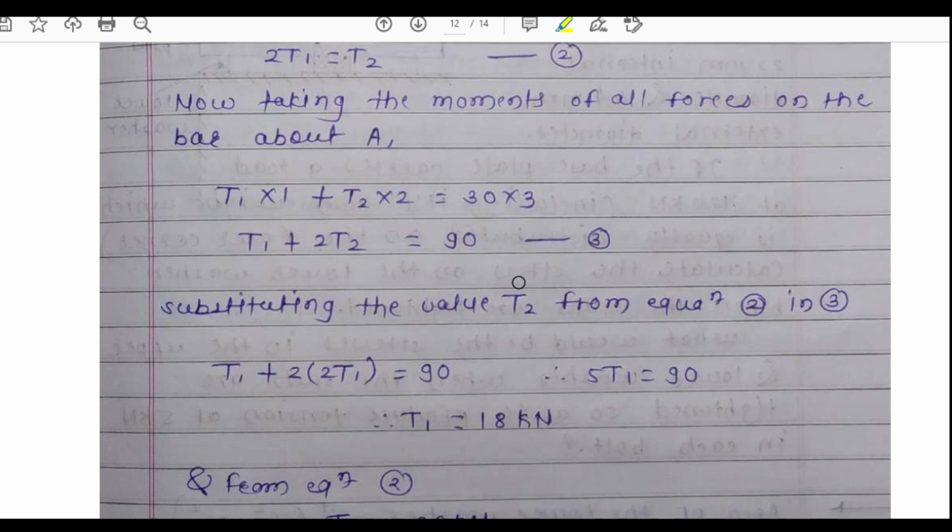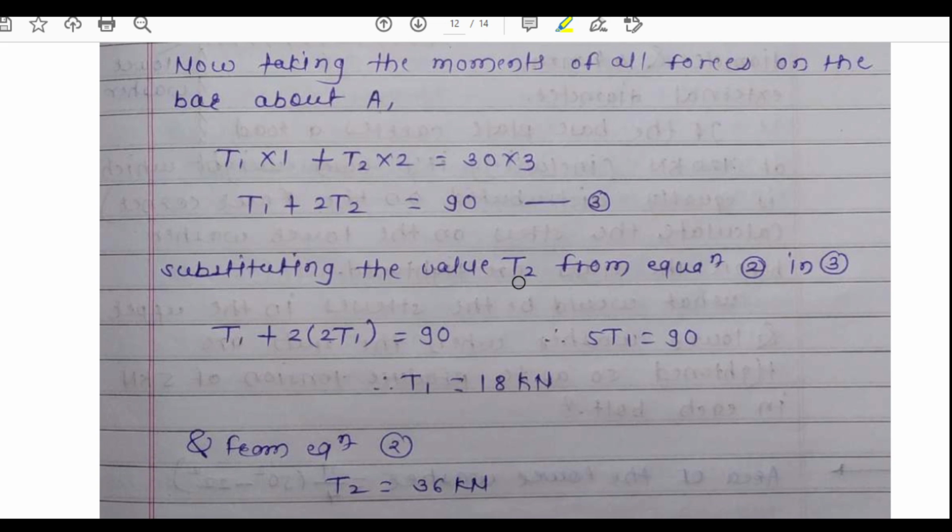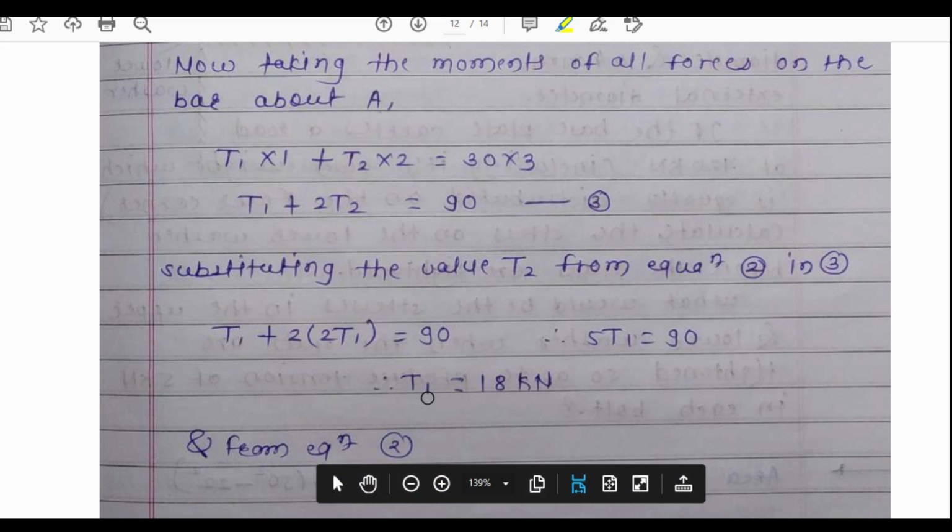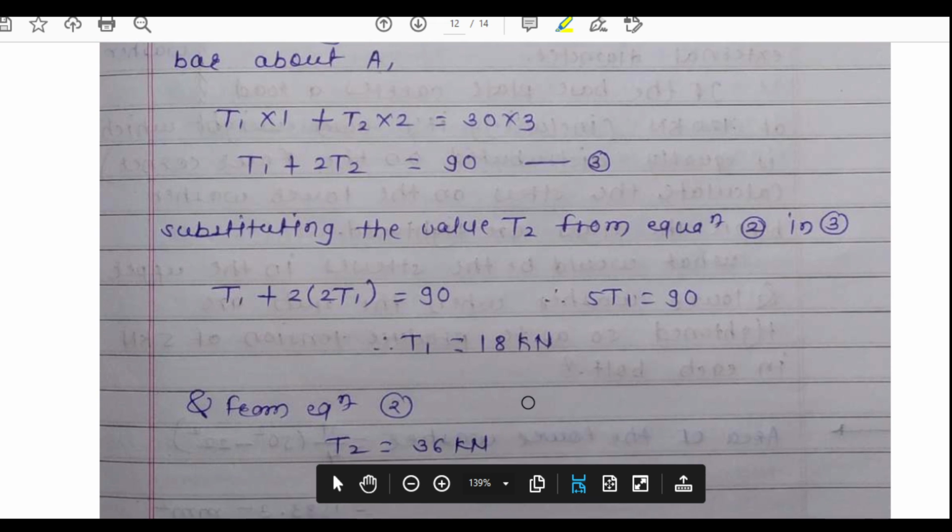Now substitute the values of T1 and T2, and we'll get T2 equals 2 T1. So we'll substitute this here. By simple mathematical calculations, we'll get T1 equals 18 kilonewtons.